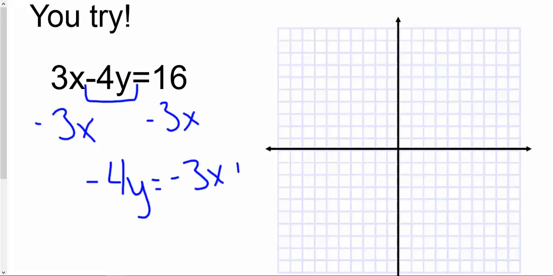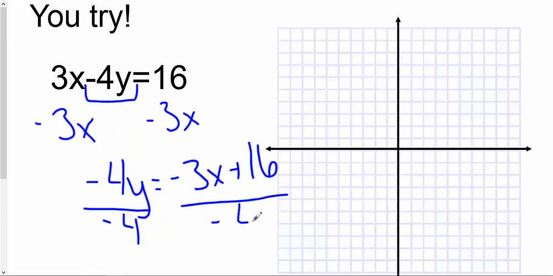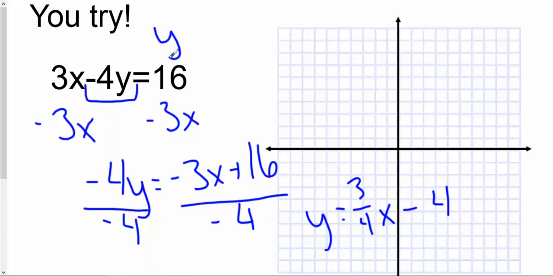Negative 4y equals 3x plus 16. So now we divide by negative 4, and y equals a positive 3/4 x minus 4, because remember, 16 divided by negative 4 is going to give us that negative 4.